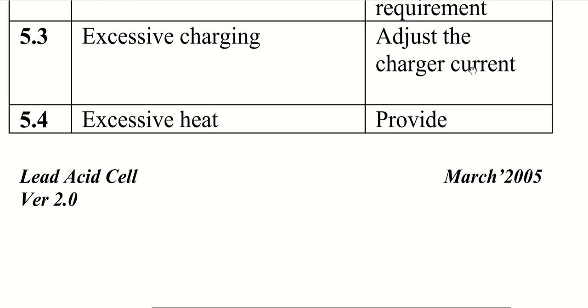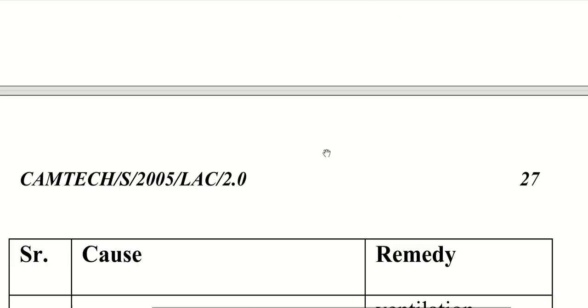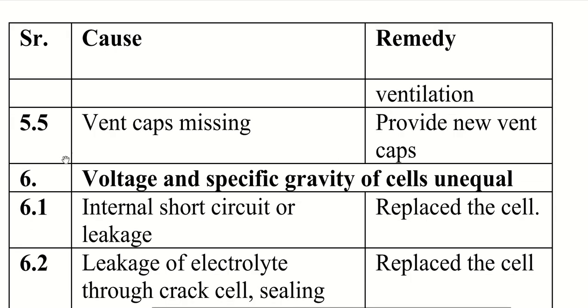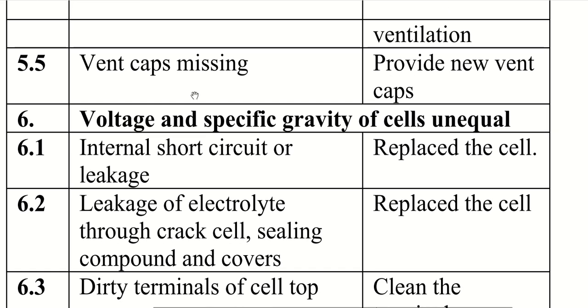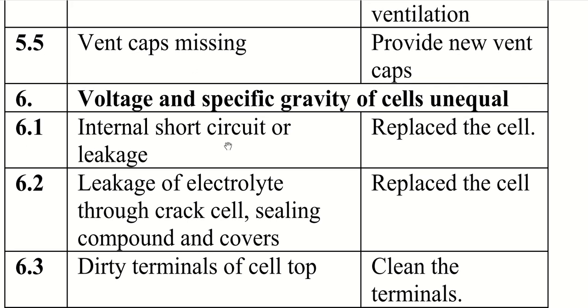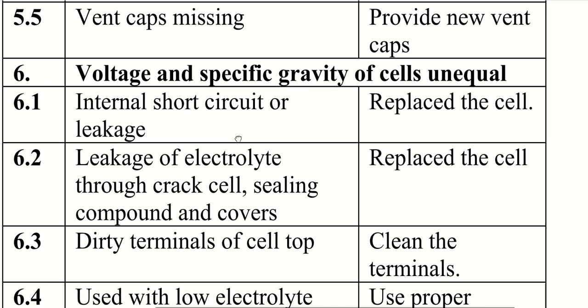Excessive charging: adjust the charging current. Excessive heat: provide ventilation. As I told you, ventilation is a very big problem in the limited square feet of houses. We don't have much ventilated area, and that creates the problem of overheating of the battery.